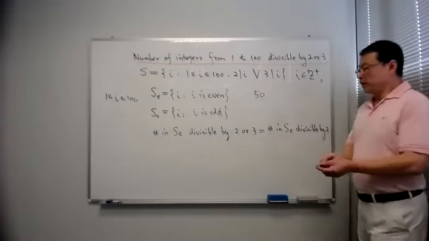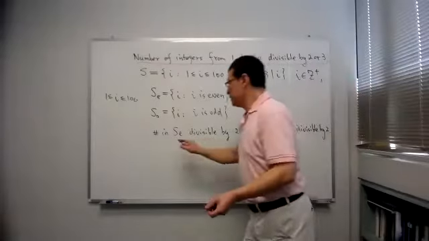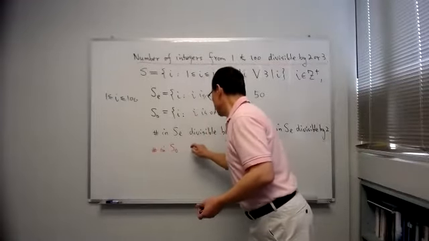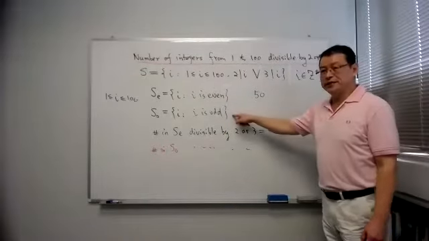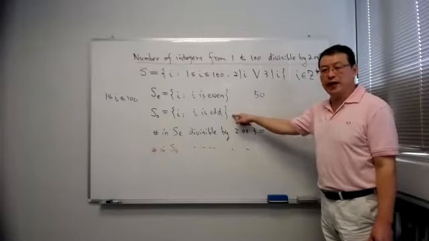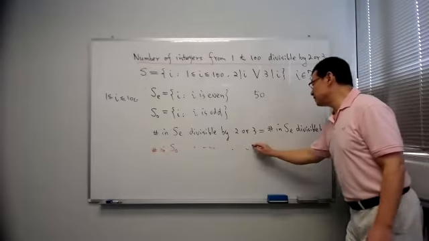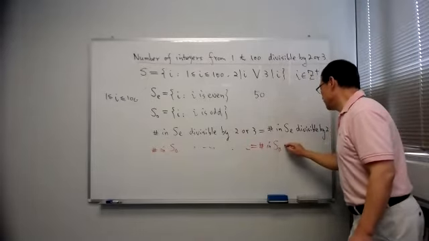Now for this part, what's the number of elements divisible by 2 or 3? These are odd numbers, they can never be divisible by 2, so it is exactly the same as the number inside the odd set divisible by 3.